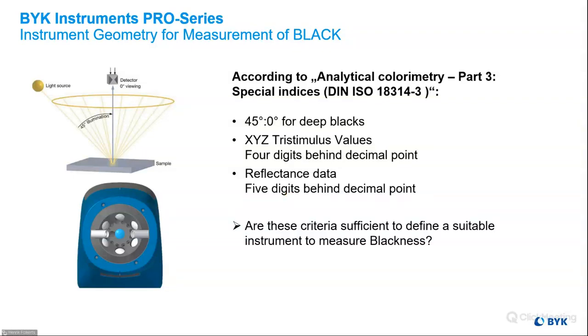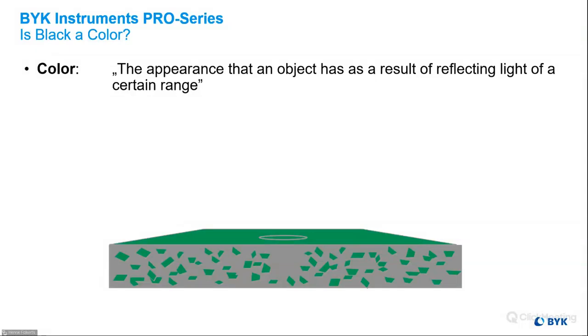So that was trying to define a specific kind of accuracy. During the rest of the web seminar, we will see if these criteria are enough. But first, before we have a deeper look at black, we look at color in general.